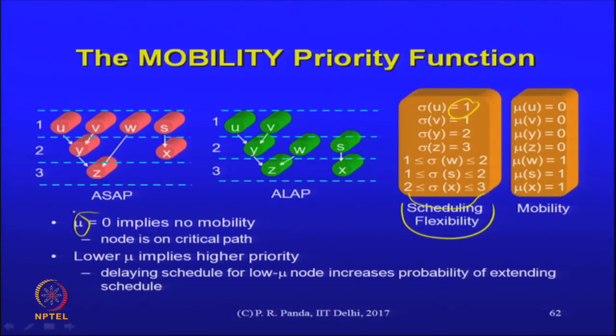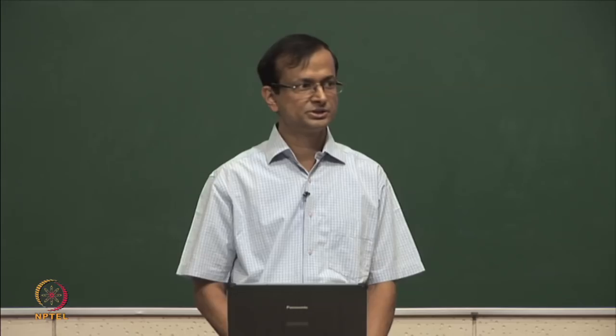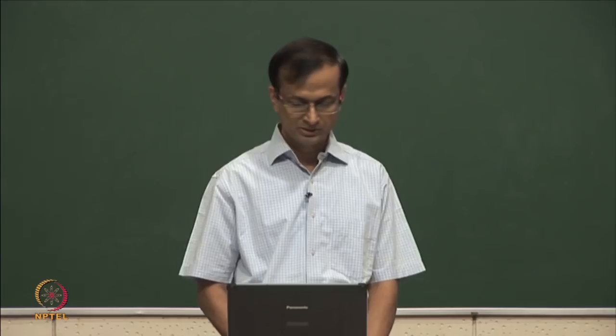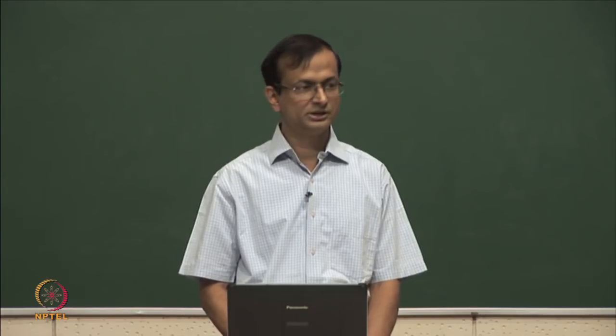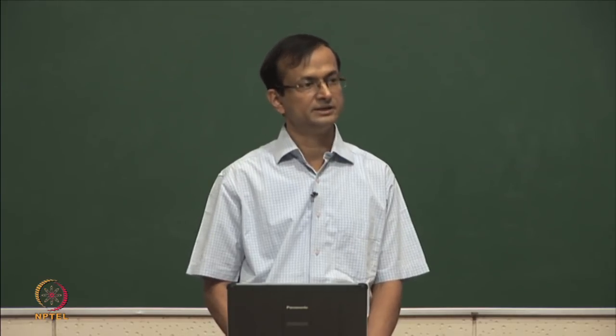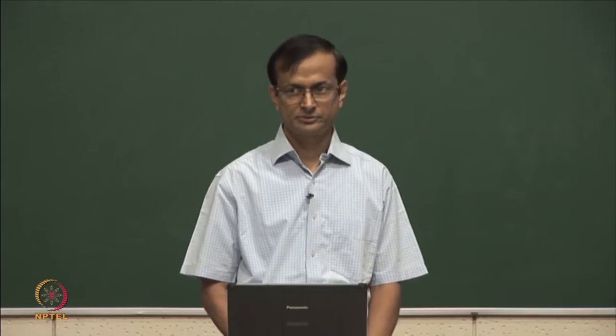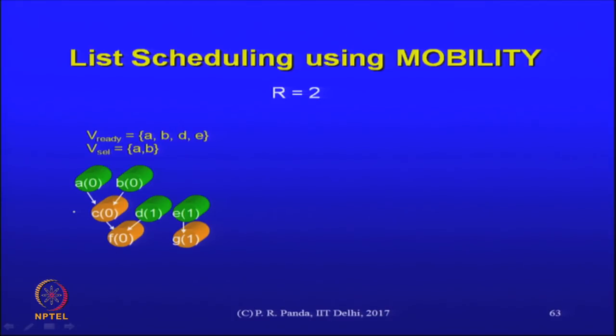There is this information that is captured, which is if you delay a node which is on the critical path or which has low mobility, then that increases the probability of extending the schedule. So, let us just go through that algorithm with mobility as the priority function.